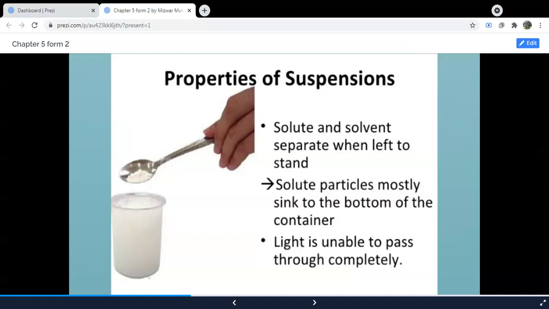Bila kamu ambil air Milo, kamu tinggal lama-lama, air kamu akan nampak akan ada residue, akan ada dia punya mendakan. Sebabkan light cannot pass through air Milo, jadi air Milo tu dikategorikan sebagai suspension.